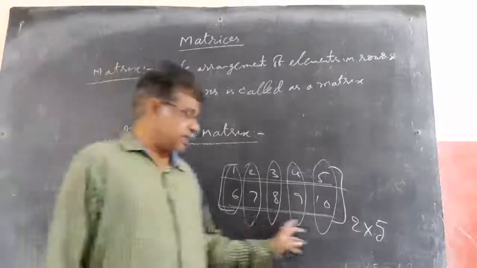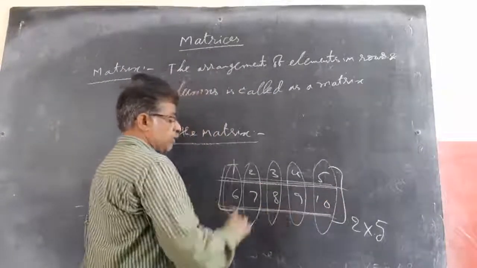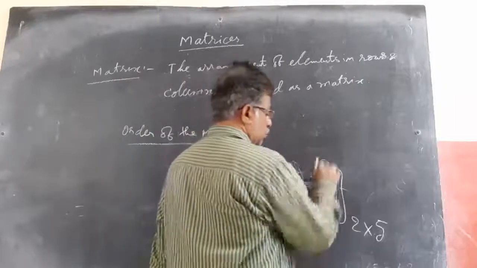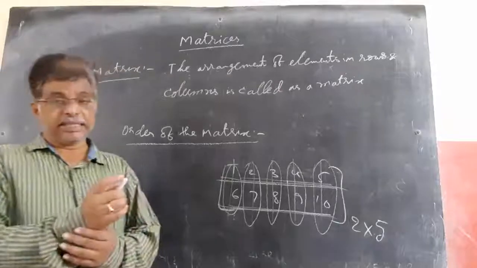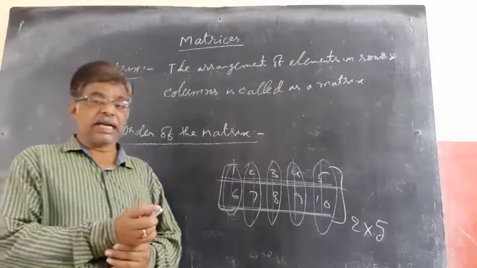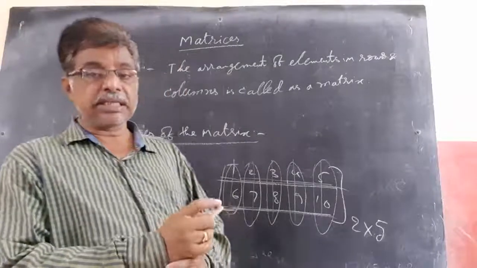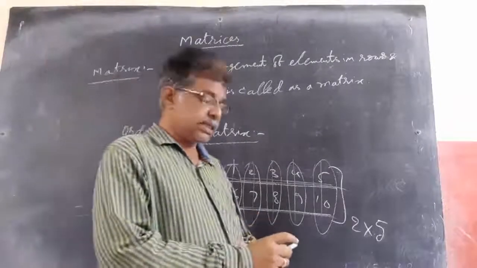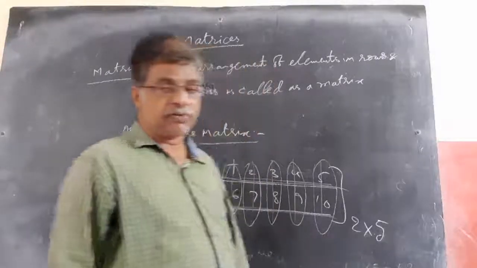The number of horizontal arrangements by the number of vertical arrangements is called the order of the matrix.